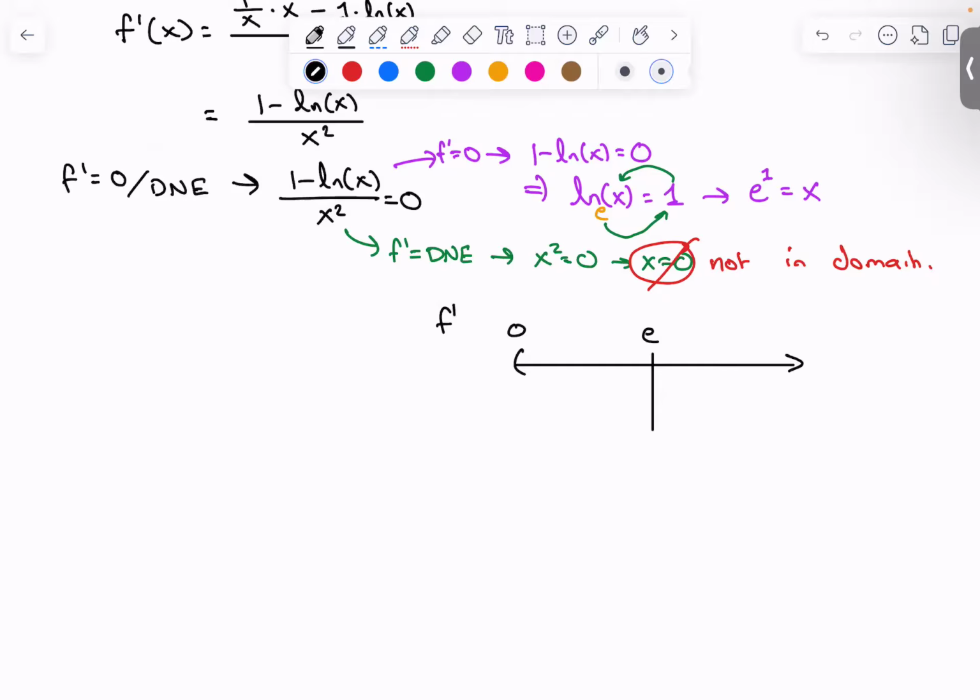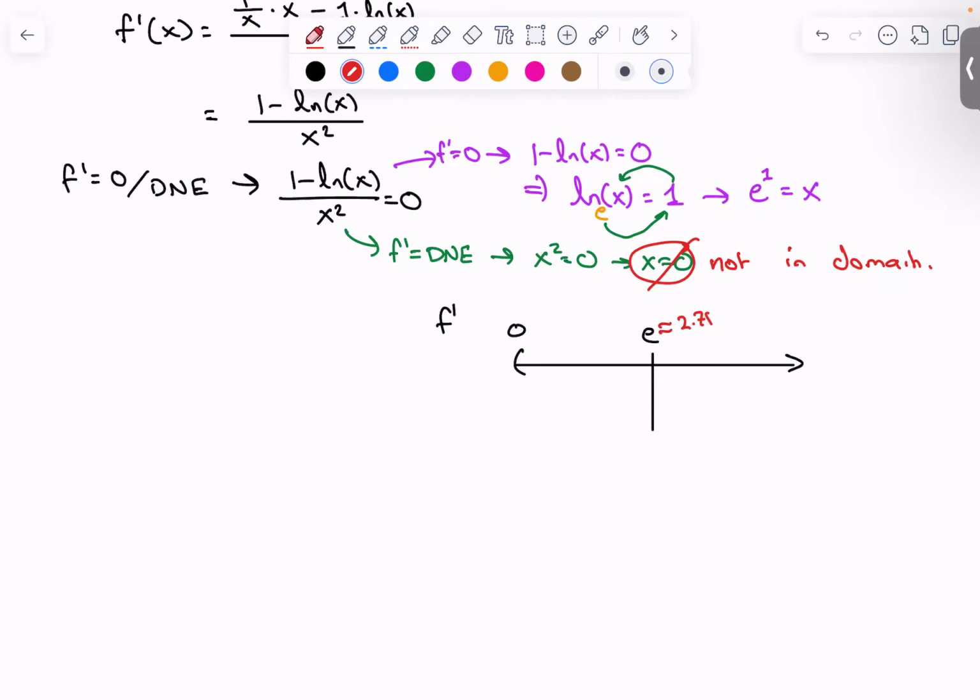Does anybody know what e is approximately? 2.71 is exactly right. That's a good approximation, just like 3.14 is a good approximation of pi. So this is approximately 2.71.